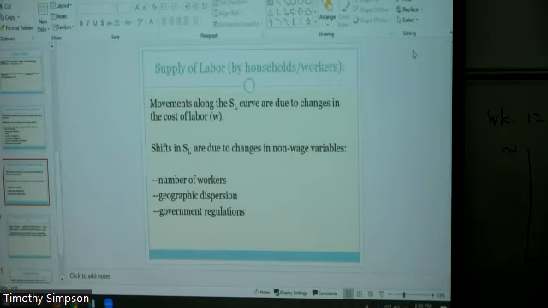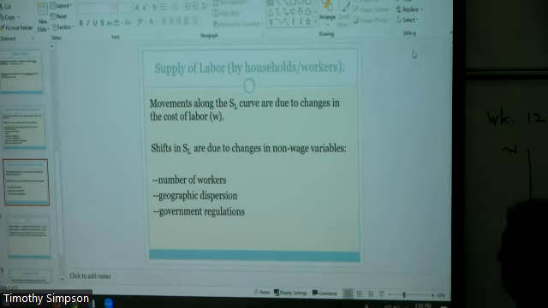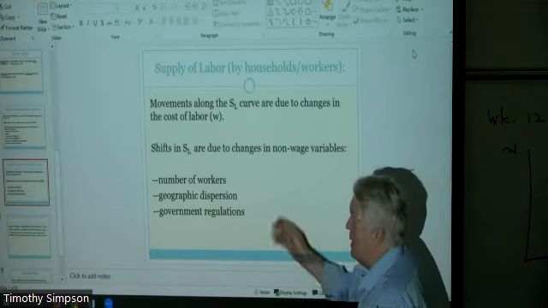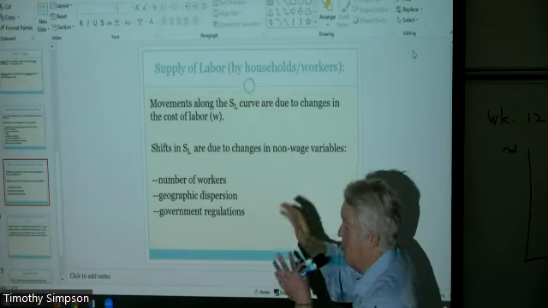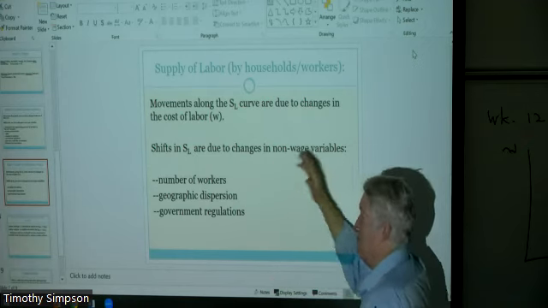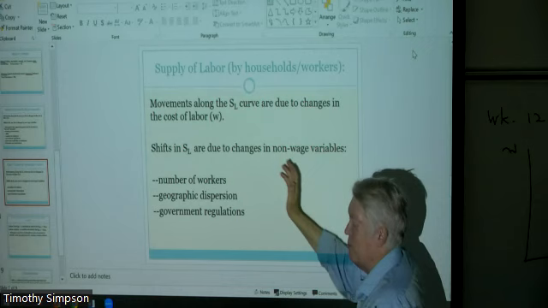A lot of auto workers have been displaced, and those jobs aren't coming back, and so a lot of those workers have moved elsewhere, to different parts of the country. So there's a decrease in the supply of labor in one place, resulting in an increase in the supply of labor somewhere else.